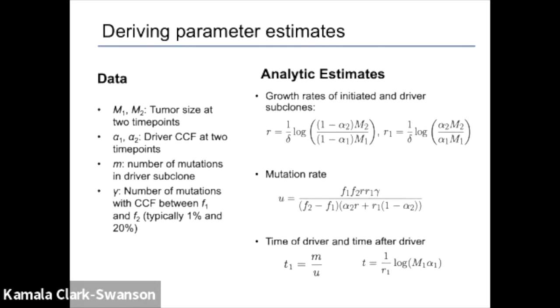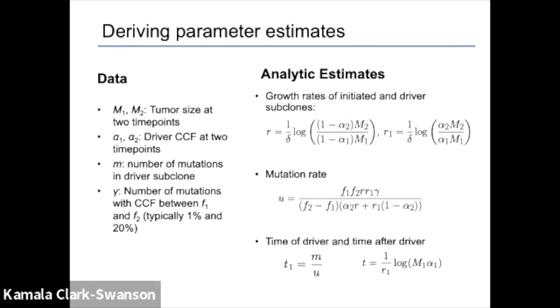If you have the data on the left, then we are able to estimate the following parameters on the right. Using relatively simple formulas, we can estimate the growth rates of the different subclones, the mutation rate for passengers, and basically all the times in the process.